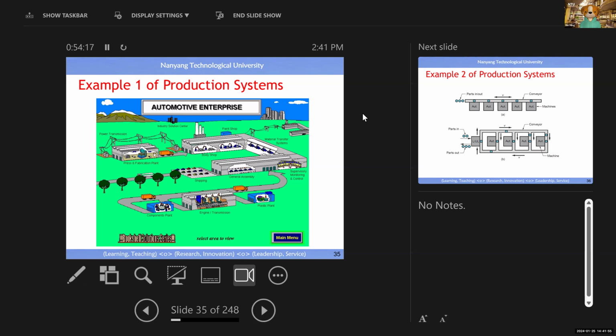So you can identify the body shop, and material transport system, etc. Engine, transmission, etc. This just gives you the idea about the complexity inside the automobile industry.